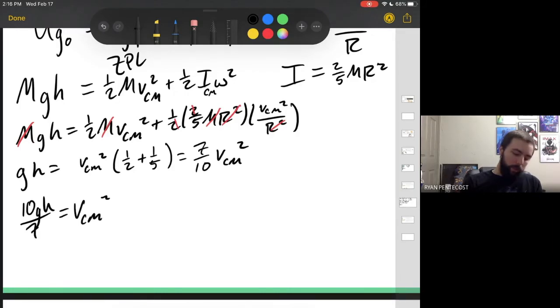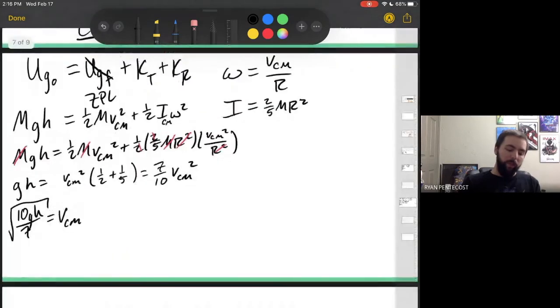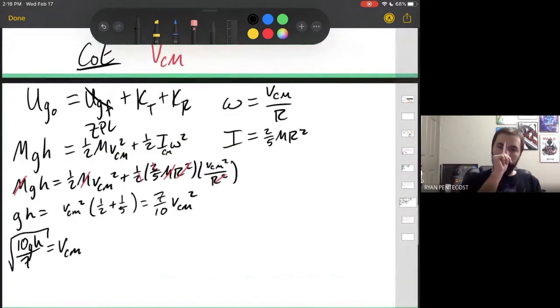Let's not even square that. Let's just take the square root. So the velocity of the center of mass is the square root of 10/7 gh. And that is from the COE, from conservation of energy.